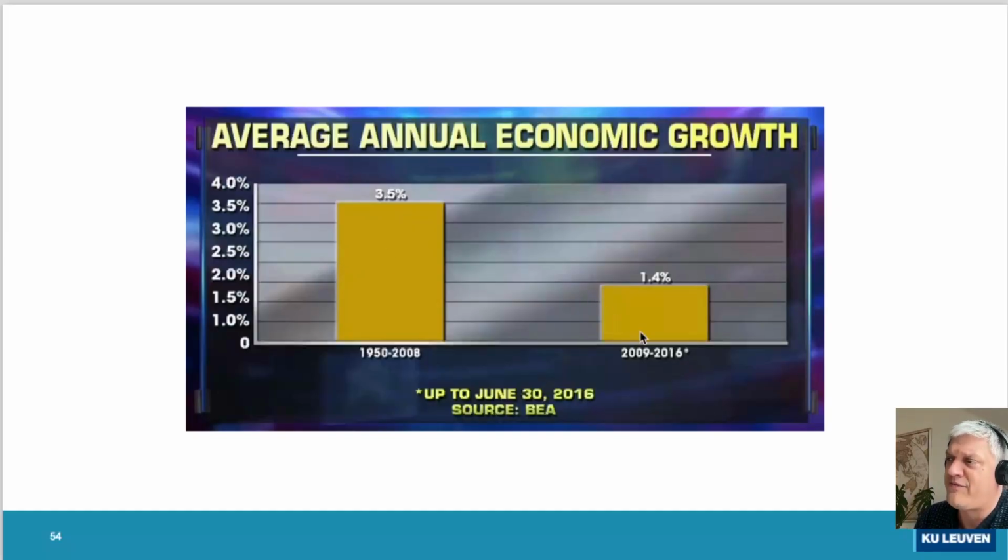So even if this is correct, what if the annual economic growth in Europe and in Asia would be much smaller than 1.4%? Then this is really, really good. So both geographical as in time, there's no context.